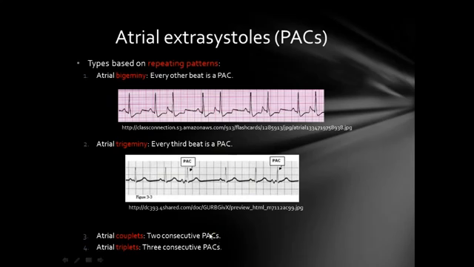This is atrial couplets. Atrial triplets means three consecutive premature atrial contractions. So normal beat, three extrasystoles. This is atrial triplets. I apologize for not putting an ECG example here because I couldn't find a good example on the internet.